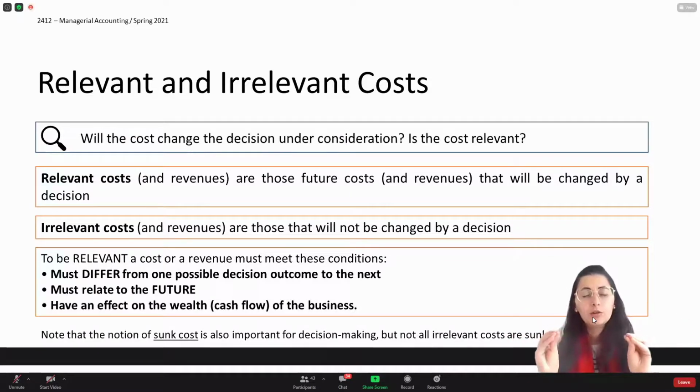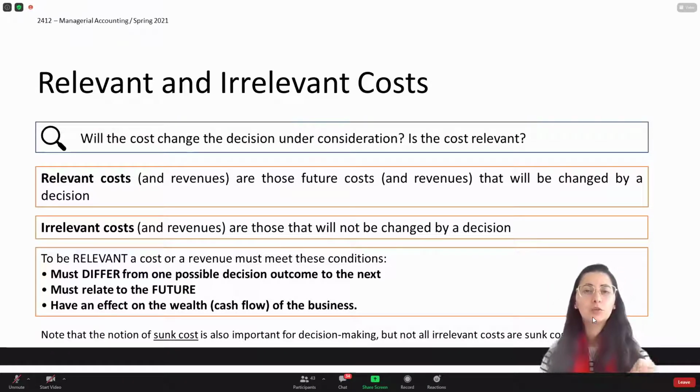So in order for a cost to be relevant, it has to be different between both alternatives. The costs that remain the same with two alternatives are not relevant. But the costs that change between the two alternatives are relevant in our decision between the two options.